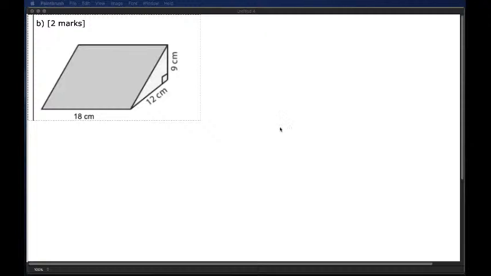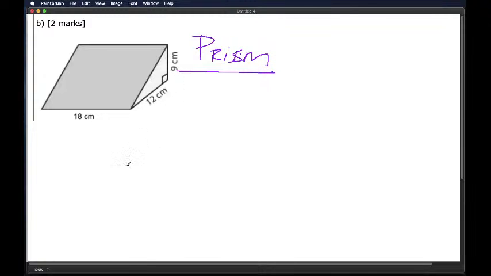All right, so this one here, the main thing, Maria, maybe you forgot, is that you guys got to know what a prism is. A prism, we looked at this, right? The word prism. It's any shape that is 2-dimensional, and then when you stretch it, it becomes the same thing but 3-dimensional.